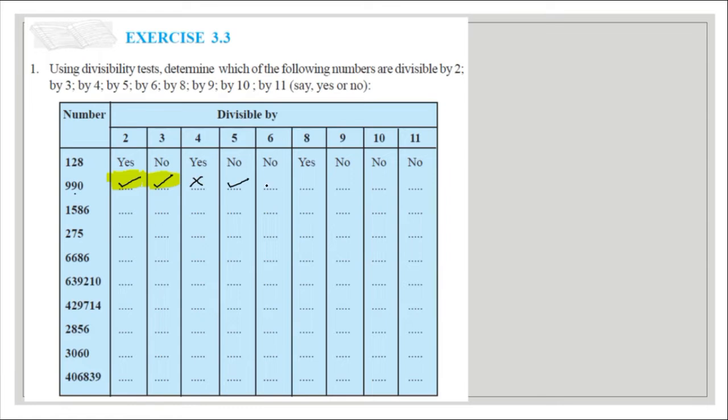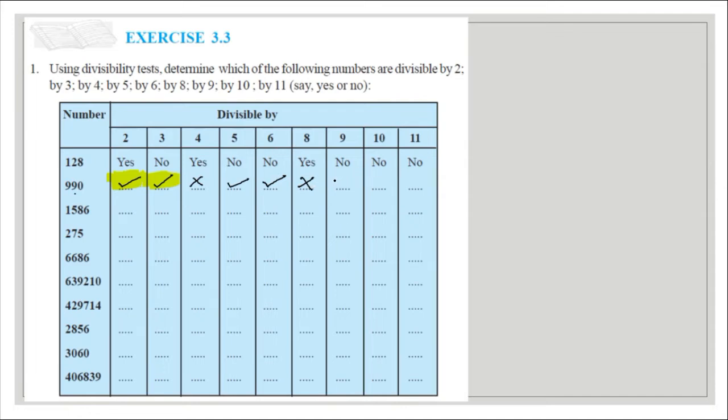So 990 is divisible by 6. Is 990 divisible by 8? The number formed by the last three digits, 990, if it is divisible by 8, then the given number is divisible by 8. In this case, it is not divisible.